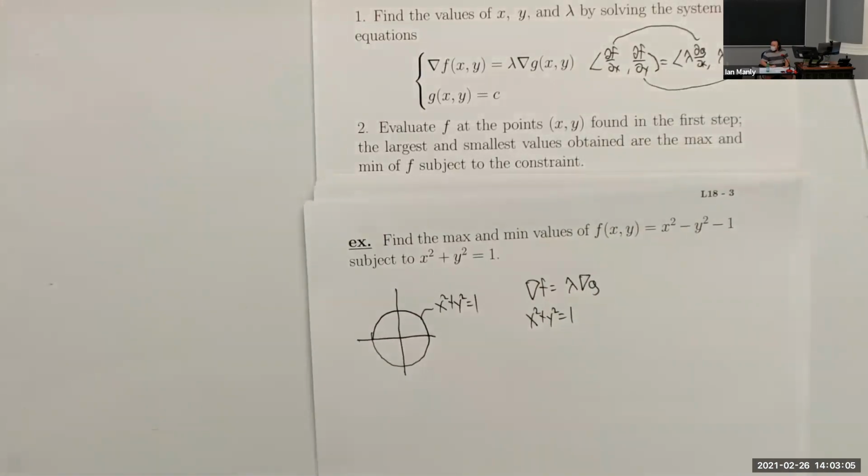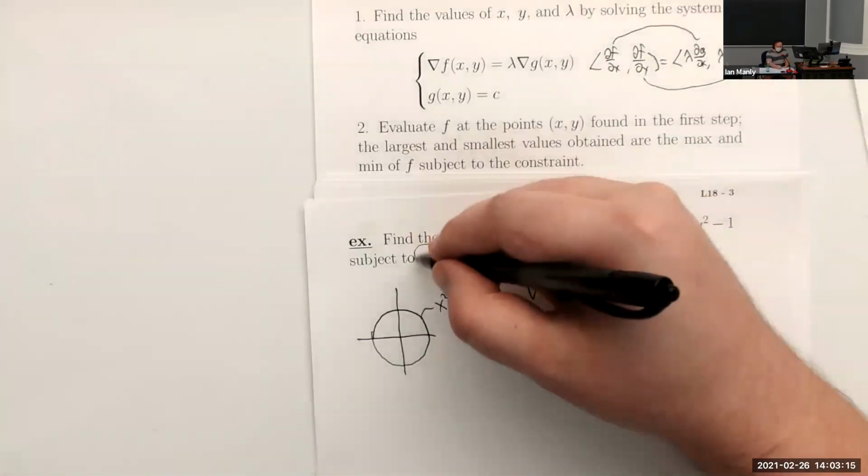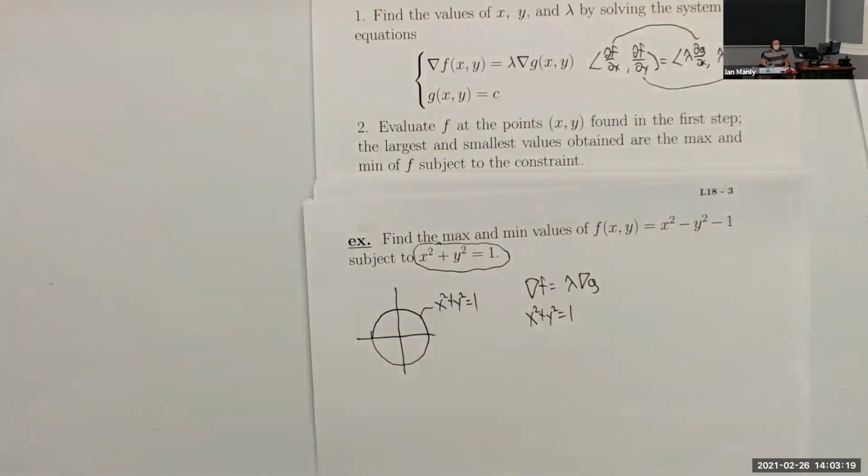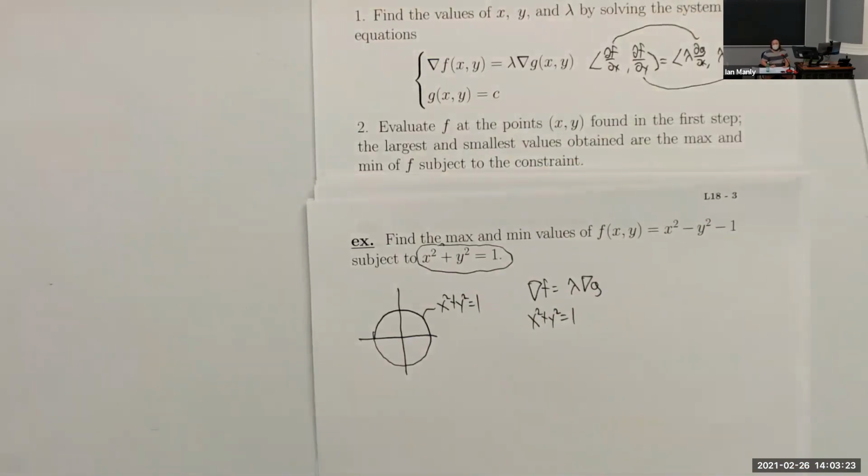Are we restricting a domain to find an optimal solution? Usually this has some kind of physical meaning to it. Do you guys remember back in Calc 1, the optimization problems?